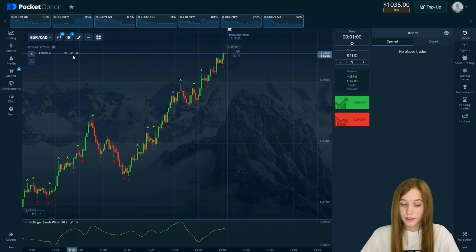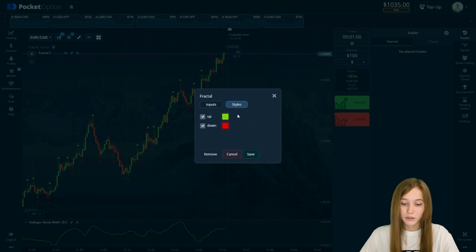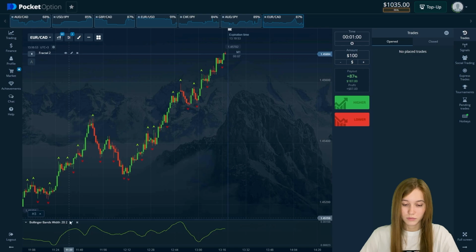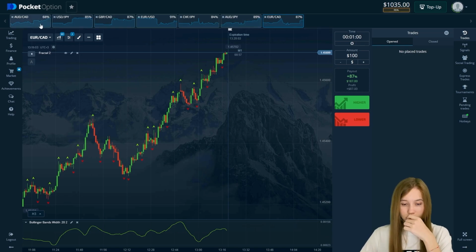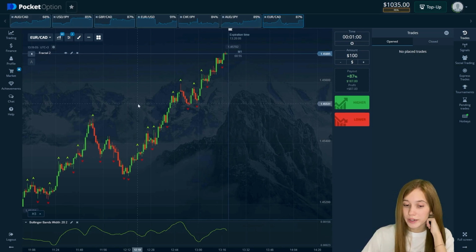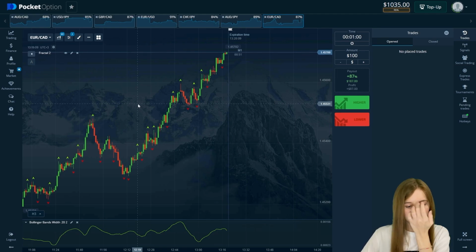We used technical analysis for general analysis and two indicators: fractal and the second, Bollinger Bands. So we used concept paths, and I think that's it for today.